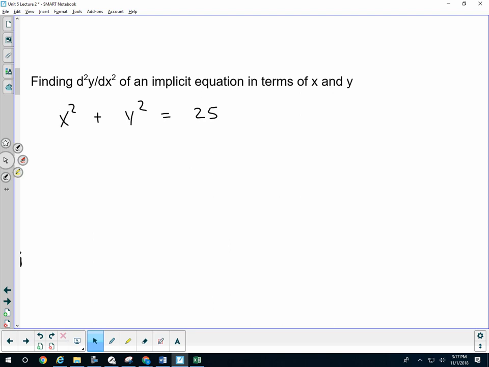If you said concavity, good job. The sign of this tells the concavity of something like that, whatever equation we're looking for, okay?